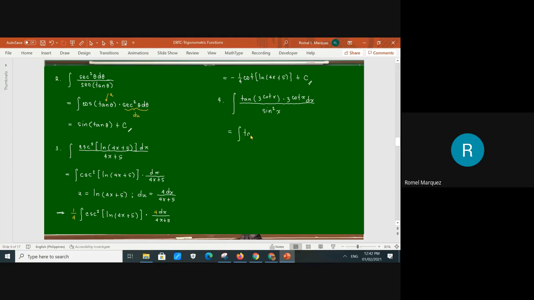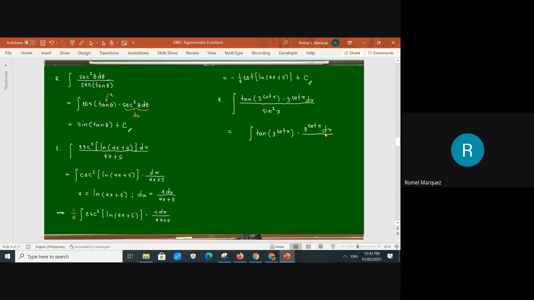So, we write it in the form of integral of tangent u. But what is our u? 3 to the cotangent x. So let's try if that is really u, no? We will be verifying.